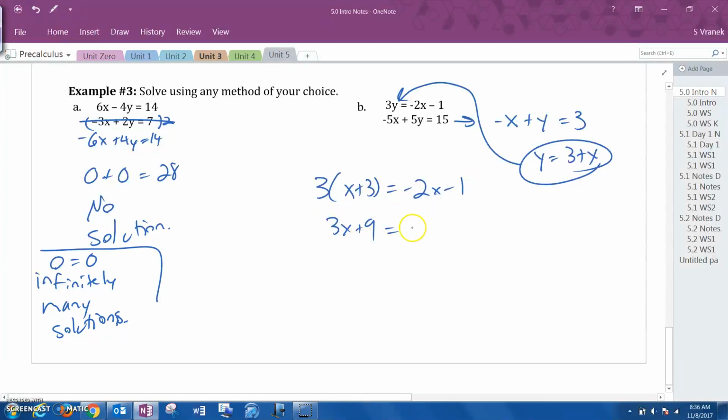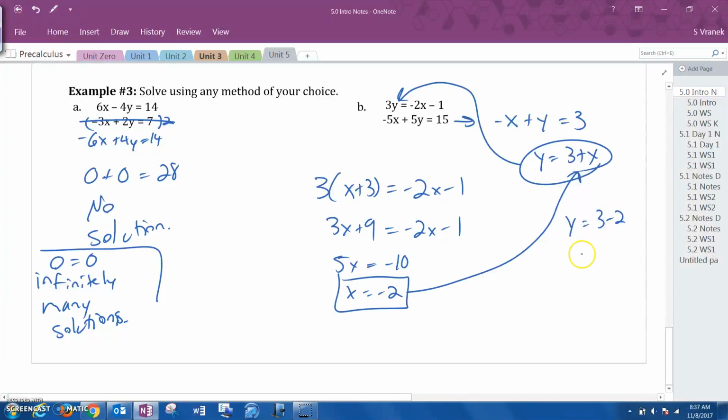Then you just distribute, simplify. We get 5x equals negative 10, which means x equals negative 2. When x equals negative 2, plug that back into the y. You get y equals 3 minus 2, or 1. So our final solution is negative 2 comma 1.